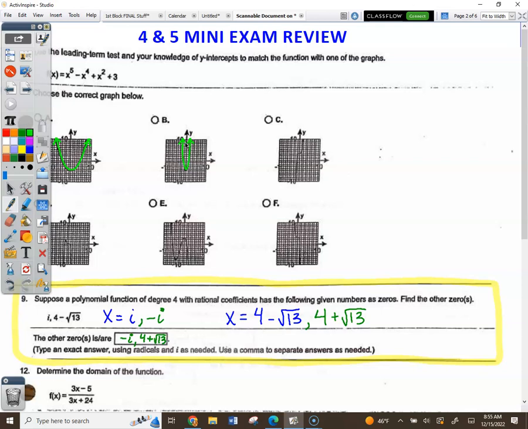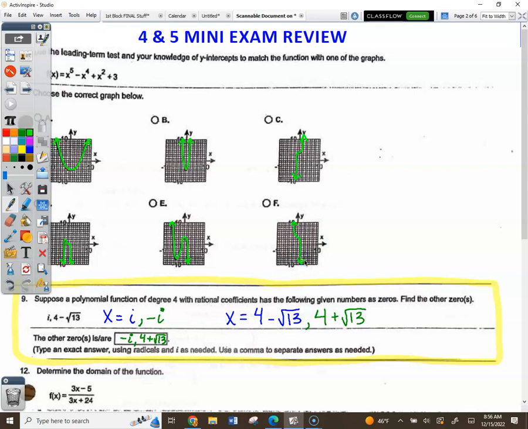This one has like a weird hook and ladder, like right there. This is like coming up, doing that. This one. And then this one. Alright.